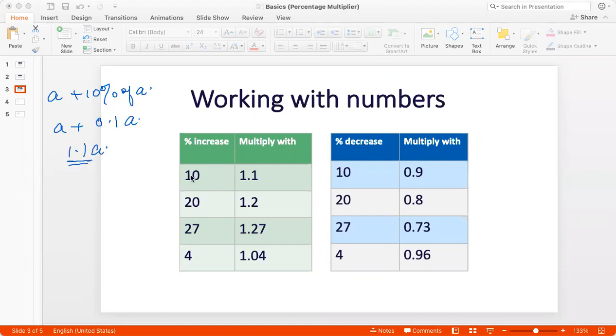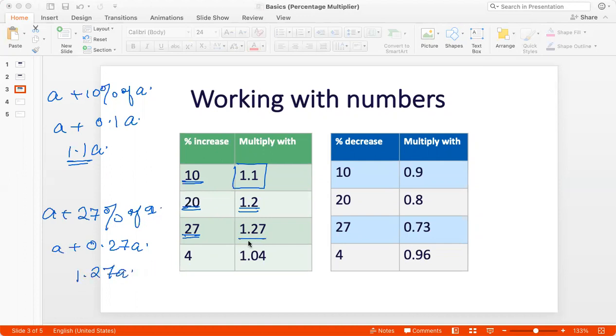So increasing a number by 10% is equivalent to multiplying the number by 1.1. But with 20%, it's equivalent to multiplying it by 1.2. 27%: A plus 27% of A, again, A plus 0.27A, which is 1.27A.